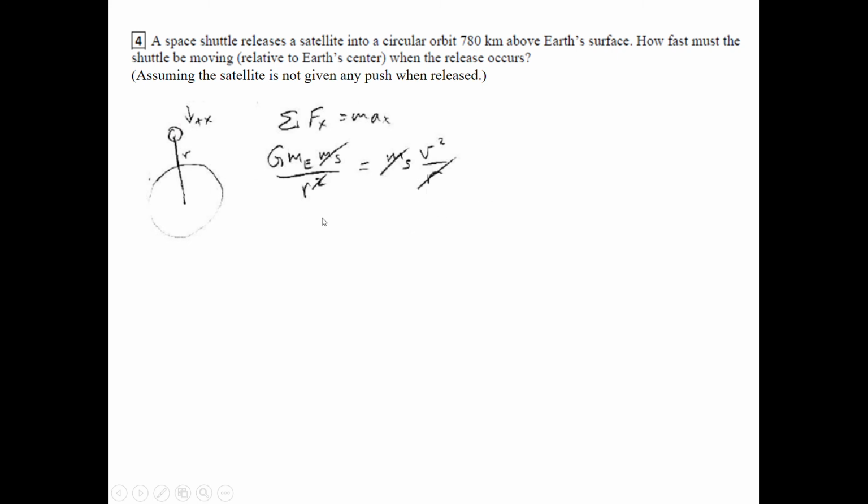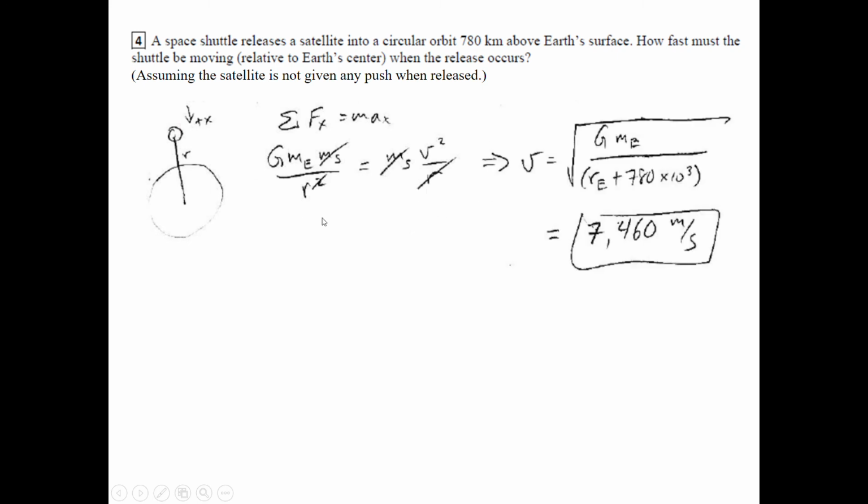And I did the same cancellations I did before. Solving for v, I get the square root of G times the mass of Earth divided by r, but I've got to remember that r is 780 times 1,000 meters plus the radius of Earth. I've got to put that in for the r in that final answer. And then I can calculate v in SI units. It's a rather large number. Things that are in orbit around Earth are usually going pretty fast, at least for orbits that are close to Earth.